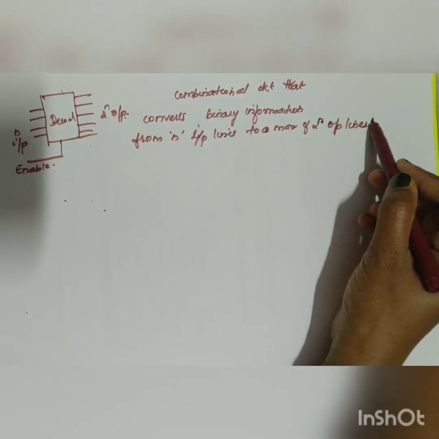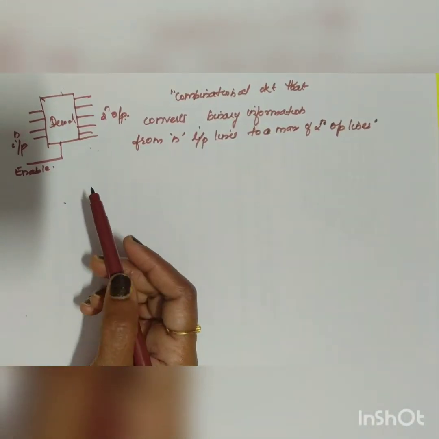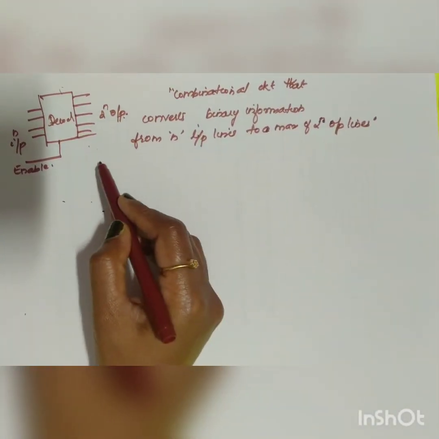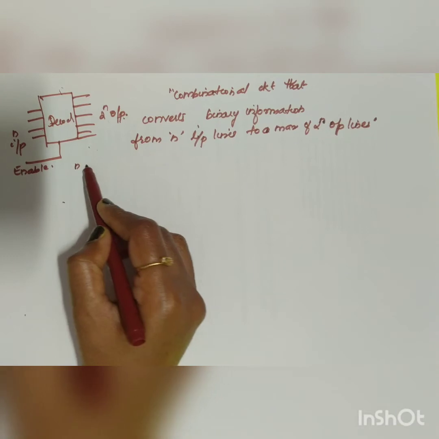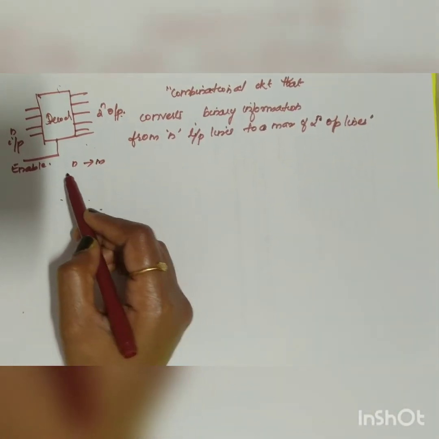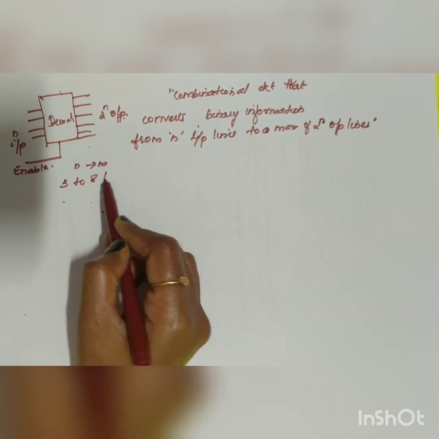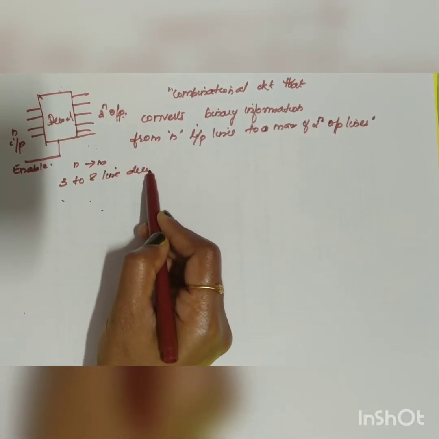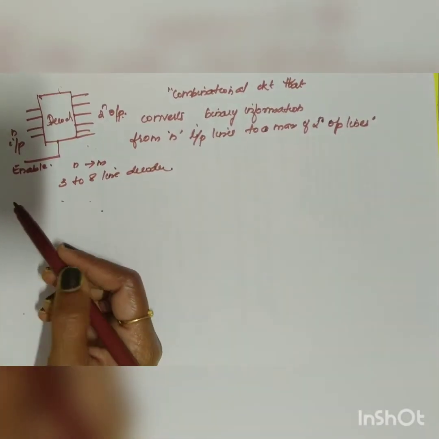So this will be your definition of a decoder. So I can write that n to m line decoder. One of the best examples is your 3 to 8 line decoder, which is commonly asked.